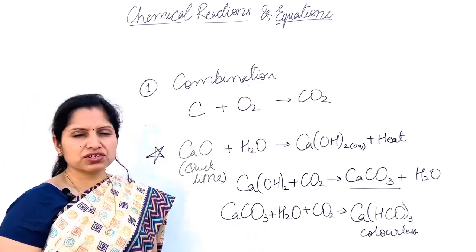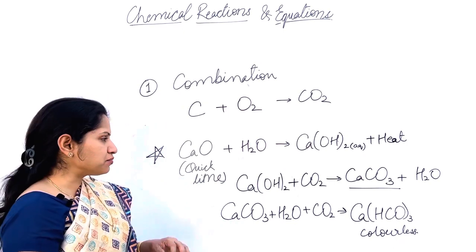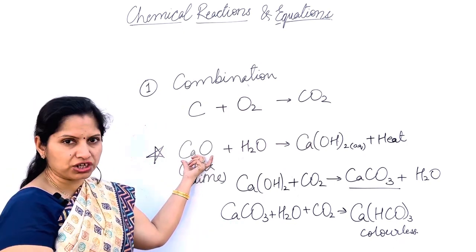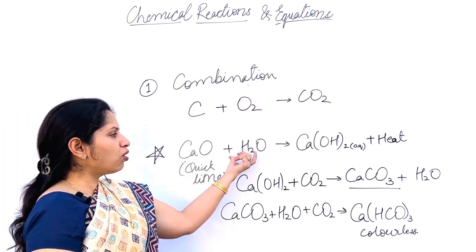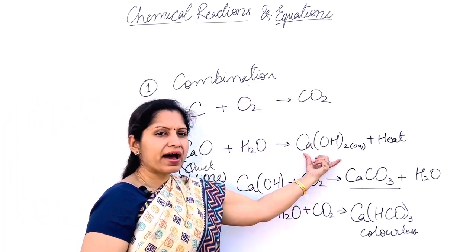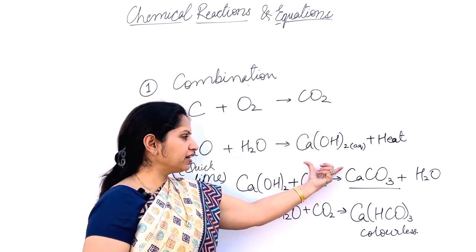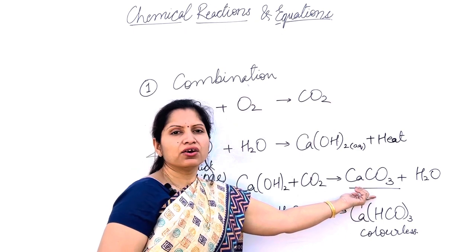So all these reactions are very, very important. Sometimes you're asked in the question that a substance X is used for whitewashing, and when it is dissolved in water, it forms a substance Y. This Y is used for whitewashing, and this Y after some days forms a product Z on the walls.